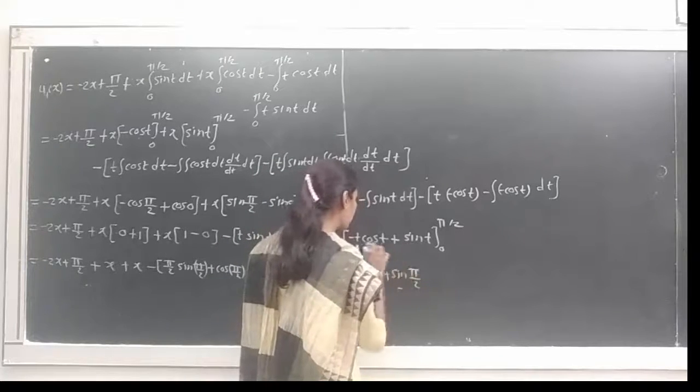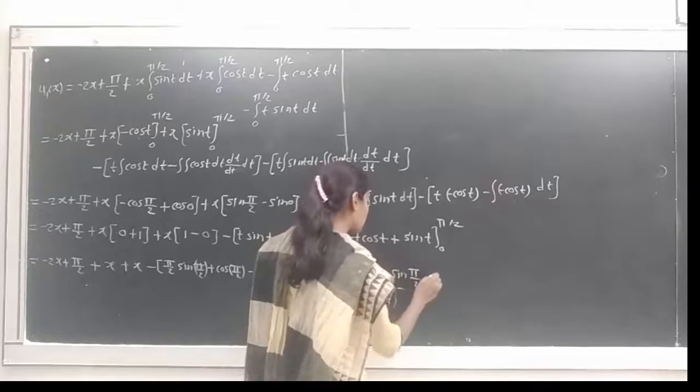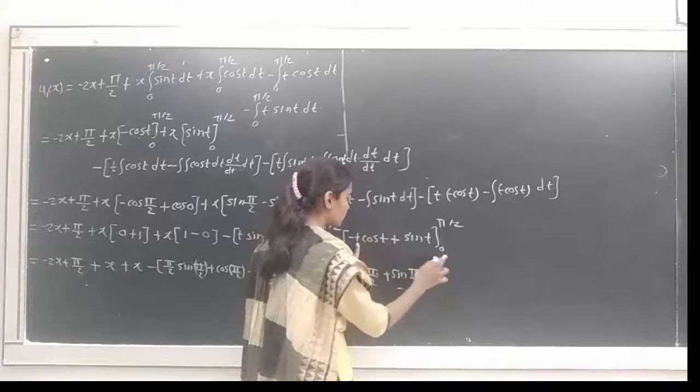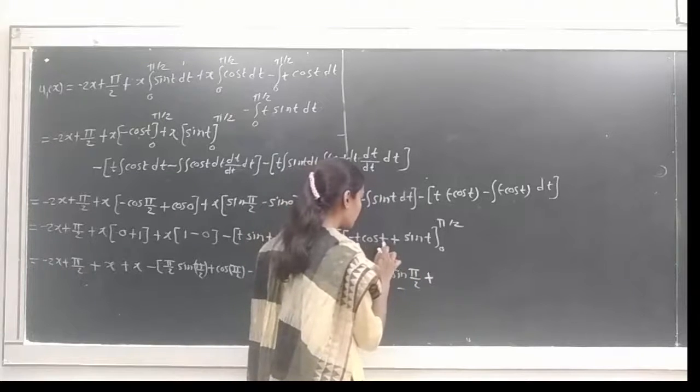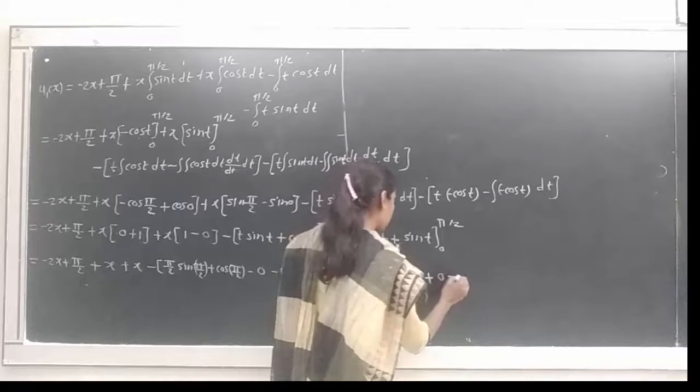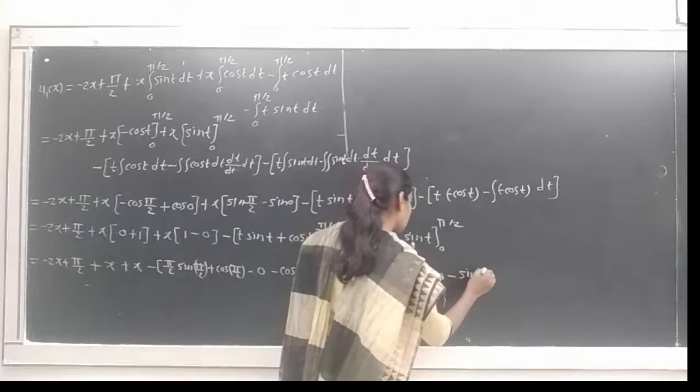If we put the lower limit, then in minus, this minus minus becomes plus, we get again here t is equal to 0, this term becomes 0, cos 0 will be 1, but here if we put t is equal to 0, this term becomes 0, then minus here sin 0.